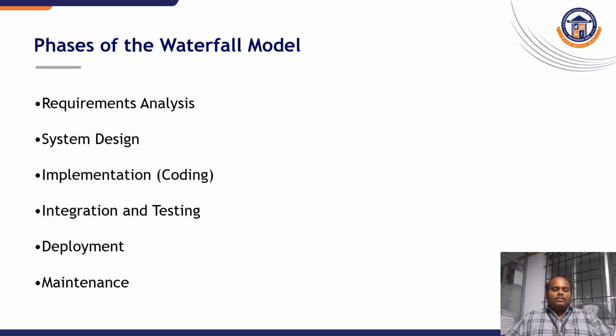There are different phases available: requirement analysis, system design, implementation, integration and testing, deployment, and then maintenance. These are the 6 phases we are going to implement in the waterfall model.